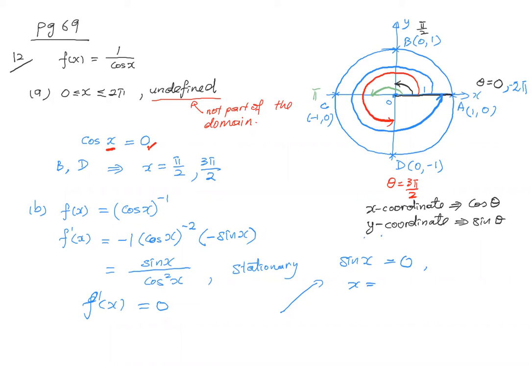Can you tell me which point? That would be A and C. So A, you got two values, 0. Sorry, not degree, 0.